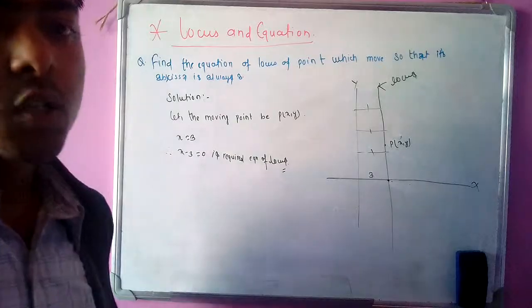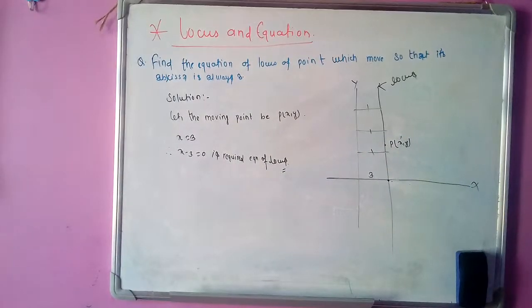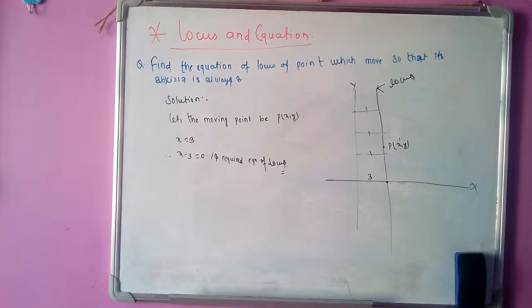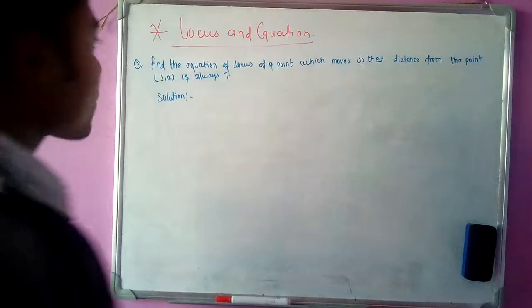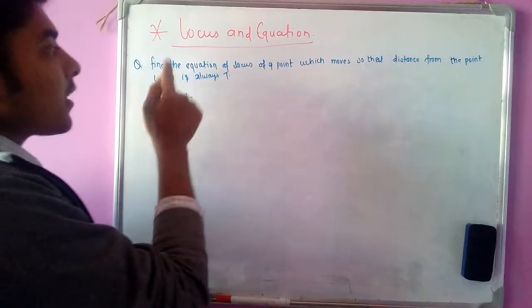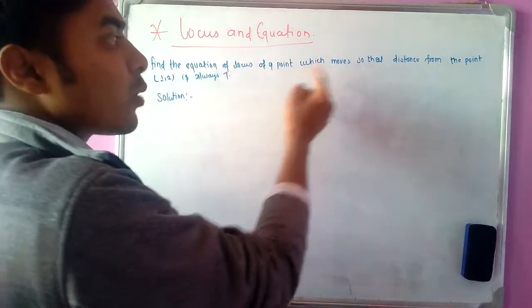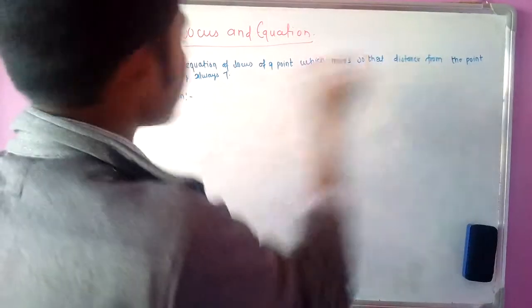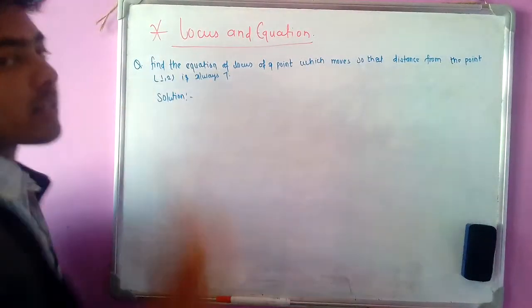We will discuss the next question related to the locus. Find the equation of the locus of a point which moves so that its distance from the point (1, 2) is always 7.